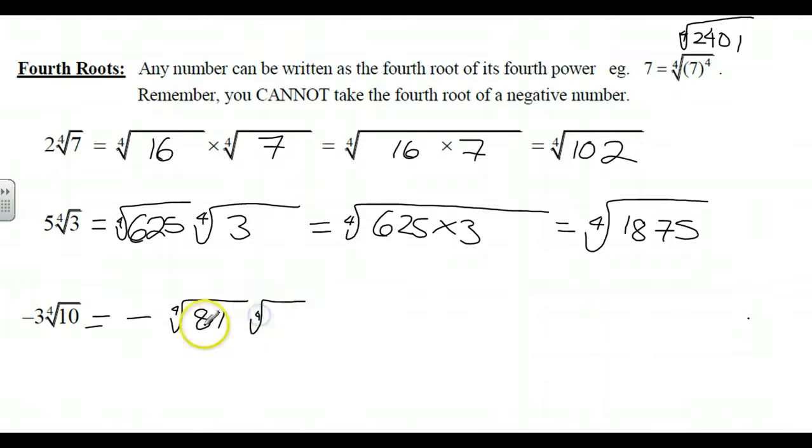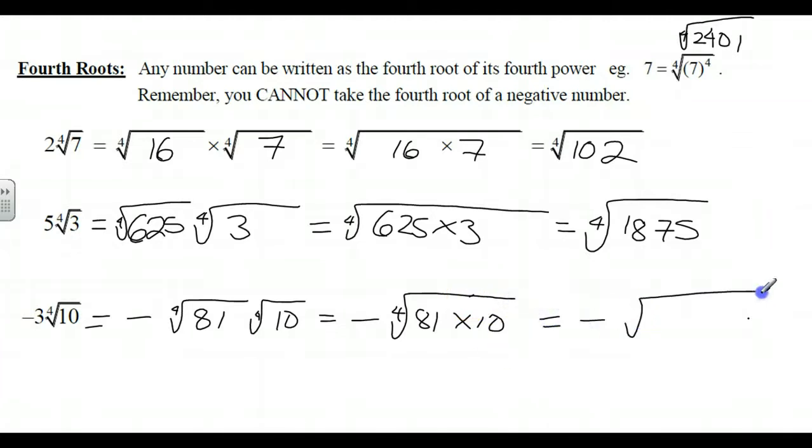But to get an entire radical, we have to turn that into a fourth root. So it's the negative of the fourth root of 81 times 10. This is pretty ambiguous the way it's written, so it needs to be extended out to remove any ambiguity: negative the fourth root of 810.